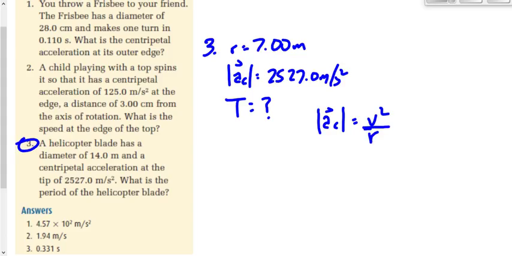So now we can solve for the speed, right? Take the r up by multiplying. And then how do you solve for speed? Easy now, right? Nick, what do I do to solve for speed there now that I've got v squared? How do I get rid of the squared? Just divide it. Almost.